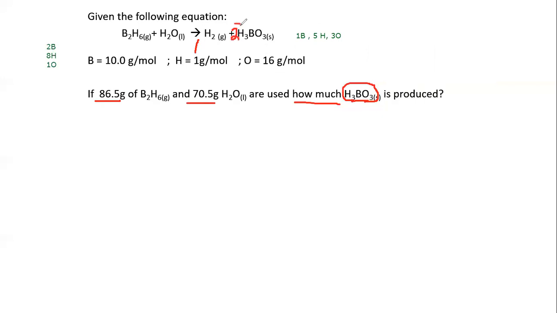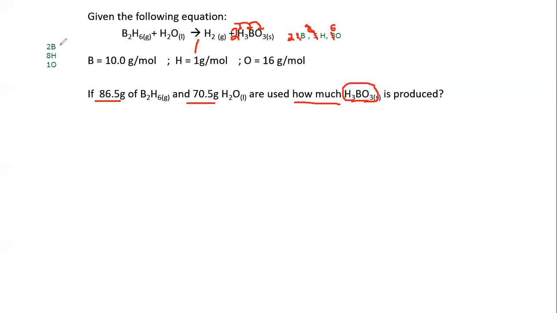So again, that 2 gets distributed to the H, to the B, to the O. And so now the number of boron is 2, the number of hydrogen is 8, and the number of oxygen is 6.